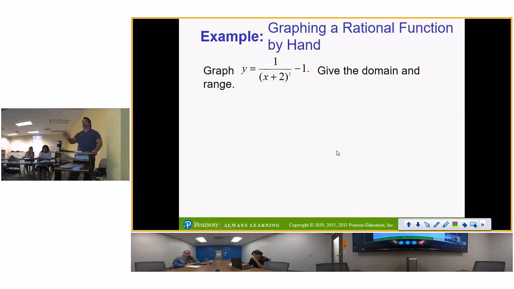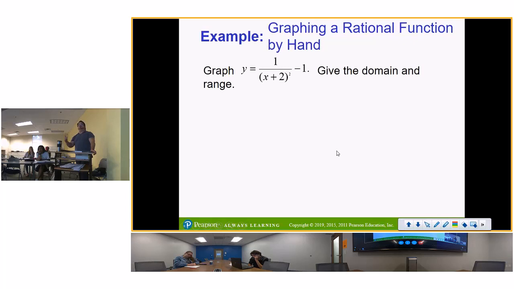Okay, now I want you to tell me what this one's doing. Horizontal shift 2 to the left, and down 1.